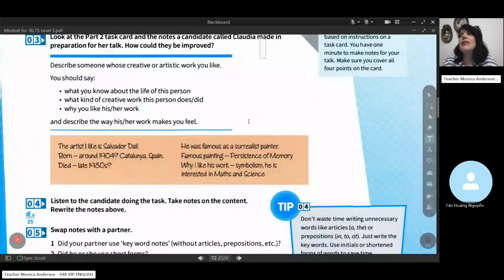Okay, so let me say something. Can is used to express ability, permission, or request. So the second one, okay, when you want to make a request or permission, this is permission.